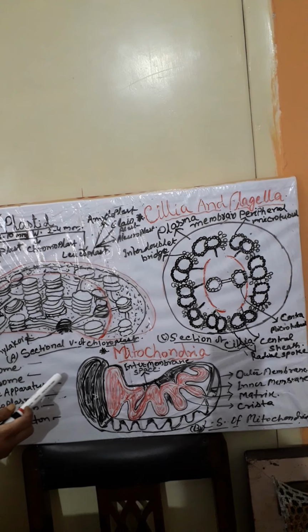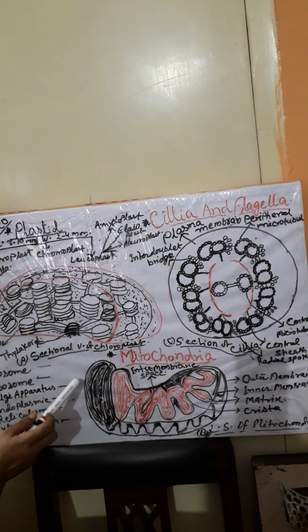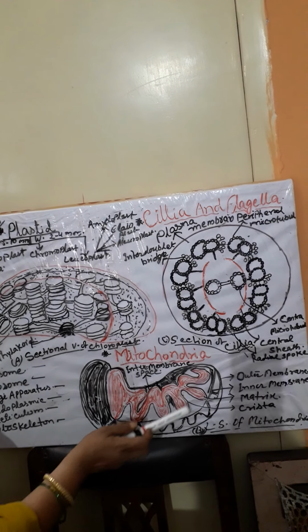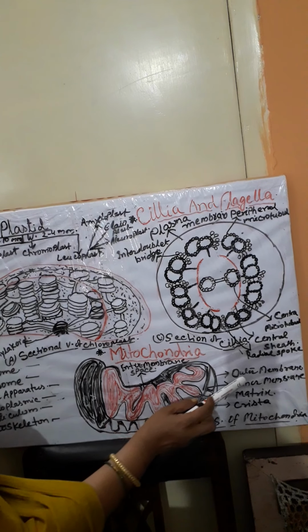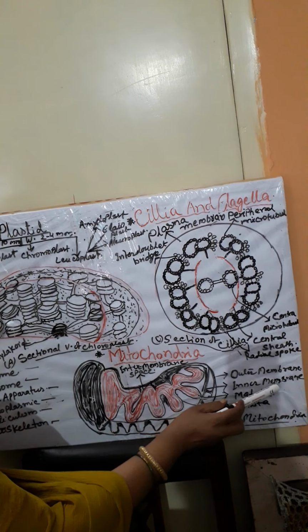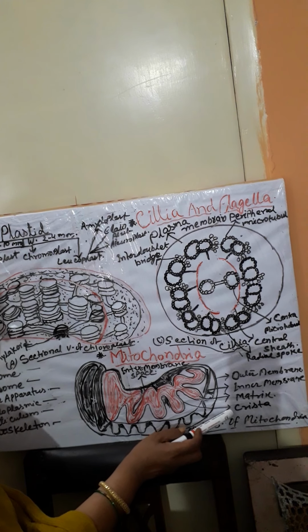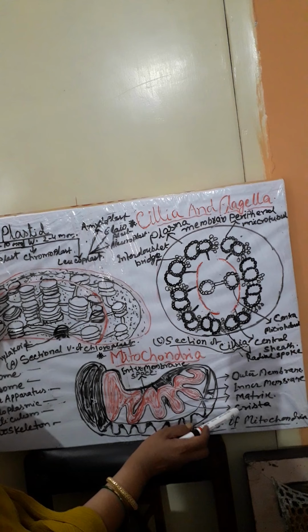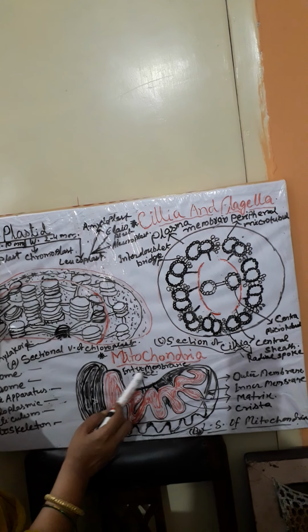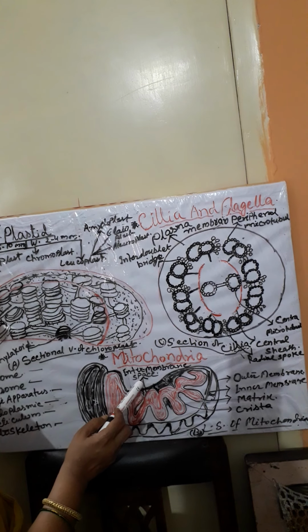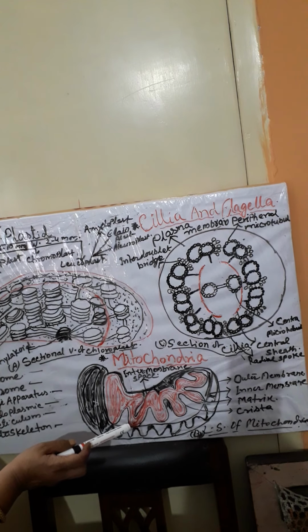Each mitochondrion is a double membrane structure with the outer membrane, inner membrane, matrix, crista and intermembrane space. So these are the structures of mitochondria.